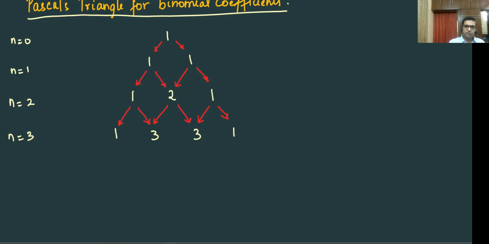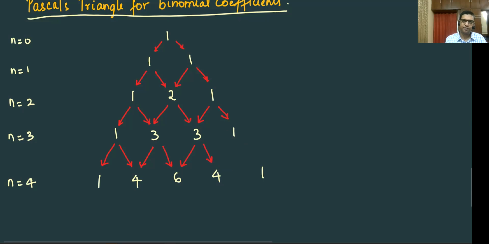Next, when n equal to 4, now guess the coefficients. 1, 1 plus 3, 4, 3 plus 3, 6, 3 plus 1, 4, and then 1. So 1, 4, 6, 4, 1.